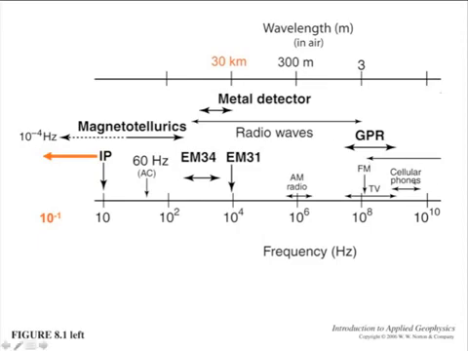Of course, cell phones communicate by radio waves, and cell phones and Wi-Fi represent the upper end of the radio wave frequencies. At the lower end, these arrows go on for a ways here, is super low frequency radio.